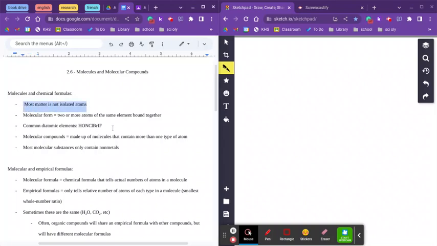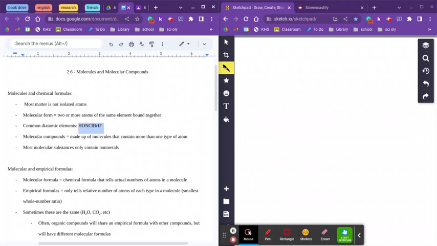And for example, you might have heard the acronym Hunkelbrief, which is shown here. Hunkelbrief is a way to remember the diatomic elements. This means there are two atoms of each of these elements in a molecule.